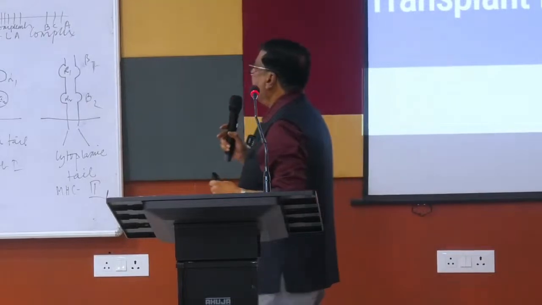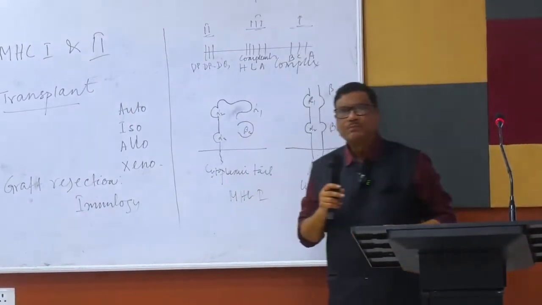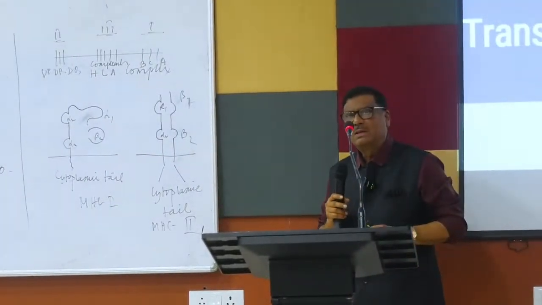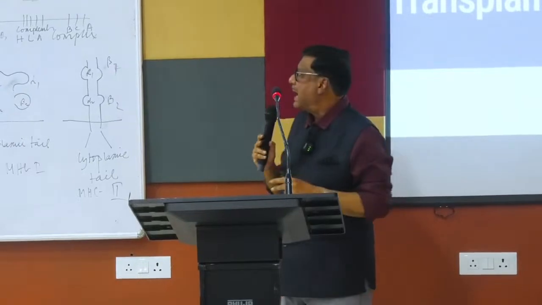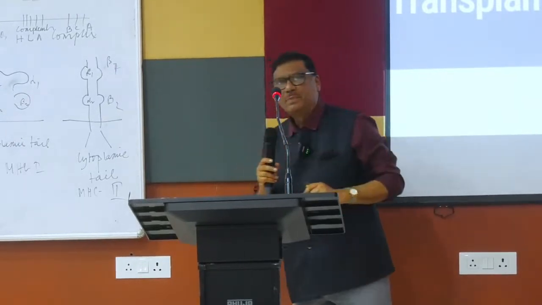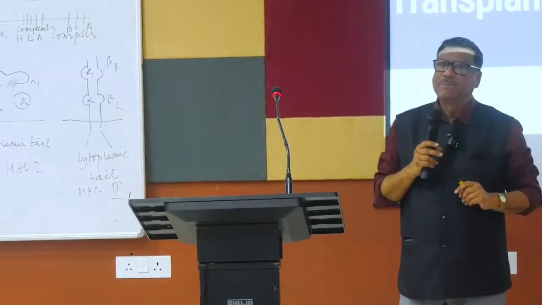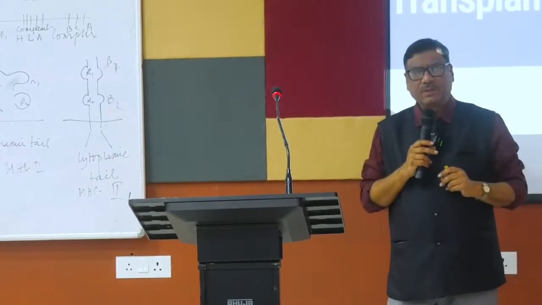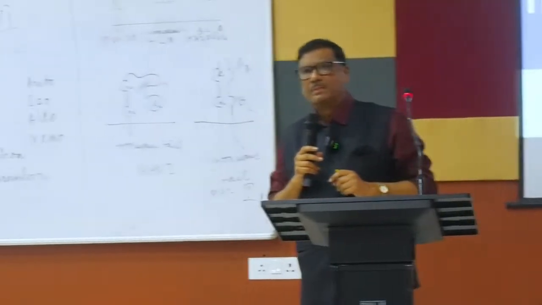Now if we analyze the MHC1 and MHC2, these are a class of genes, and they are present in the chromosome, especially in a long stretch. First, it was experimentally proved in mice.